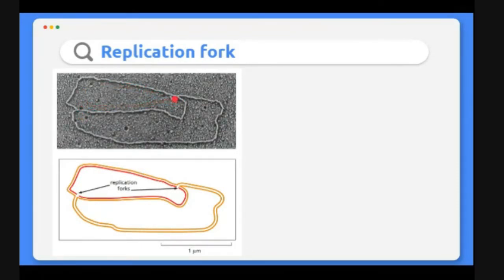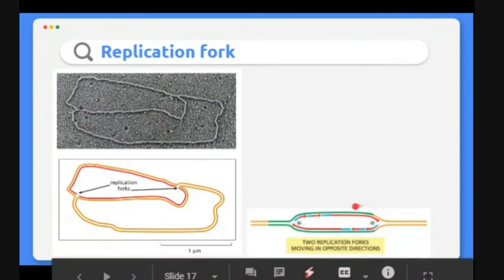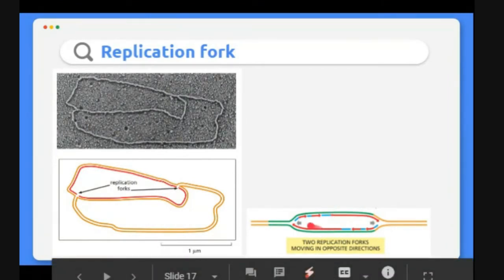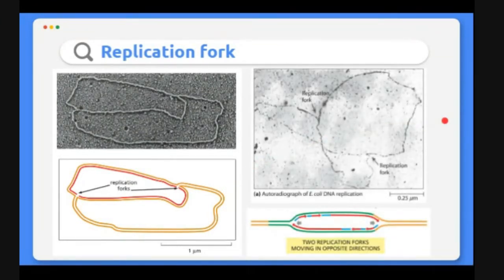Dito, nag-open yung DNA at nagsa-start yung DNA replication. The two replication forks move in opposite directions. Okay? One goes here and the other goes here, hanggang sa ma-replicate yung buong circular DNA. Ito lang, picture lang nung DNA ng E. coli. So again, there are two replication forks.